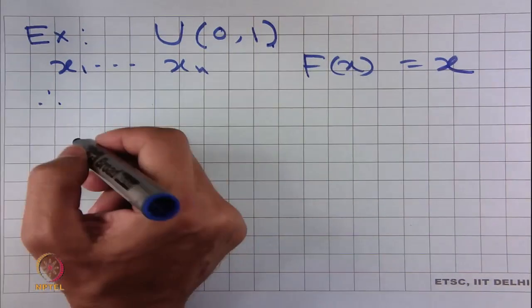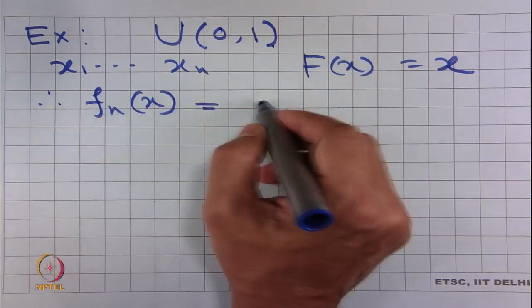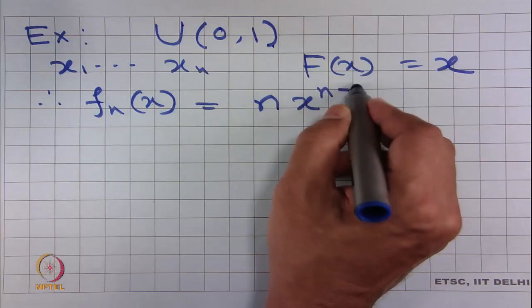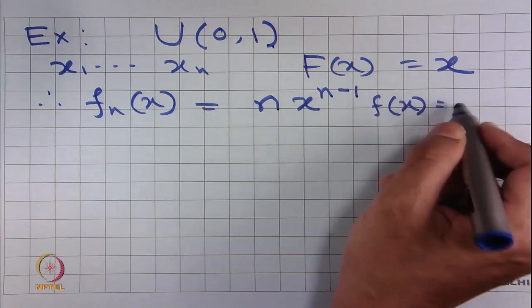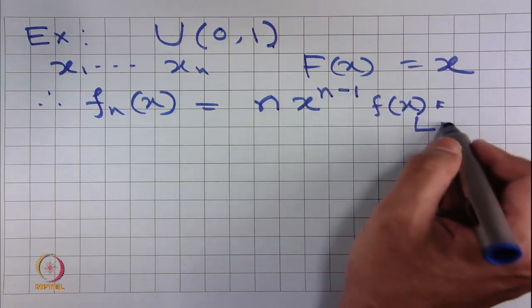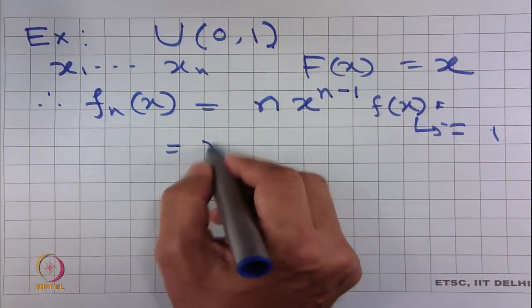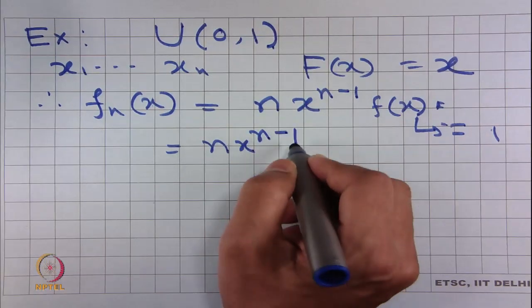Therefore, f_n(x) is equal to n times x^(n-1) times f(x), which is 1, so it is equal to n times x^(n-1).